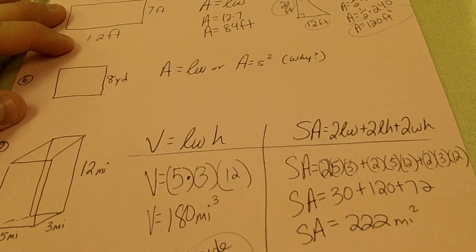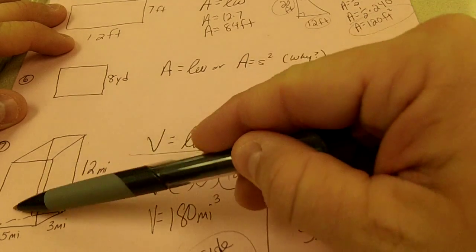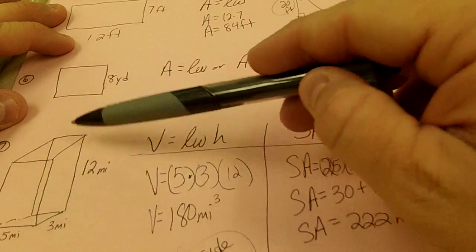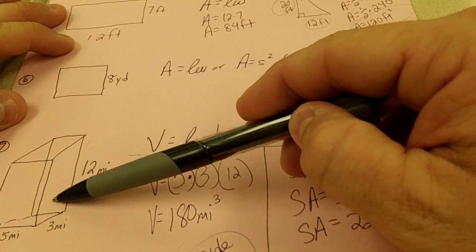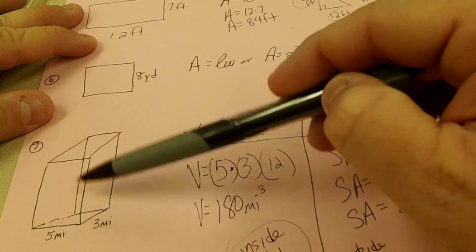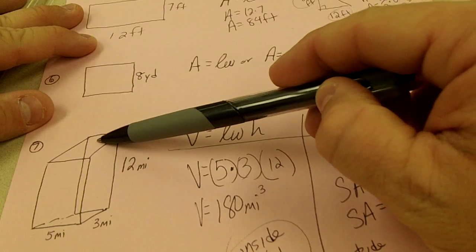A little bit easier. Basically what this is asking for is the area of all 6 of these faces. If you can calculate the area of this face, then the back one should be congruent. If you're going to calculate the area of this bottom base, then the opposite one should be congruent.